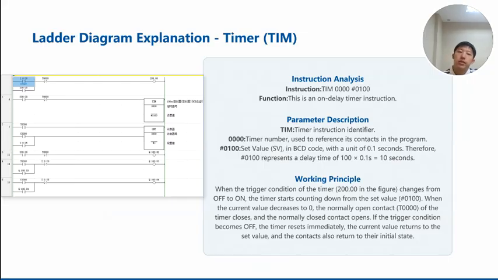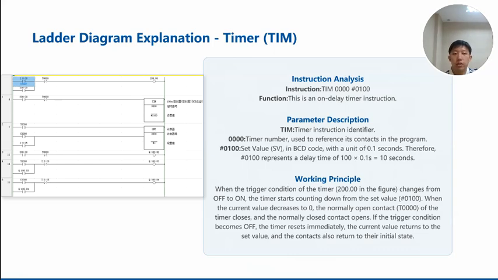Now let's look at the first part of the ladder diagram. The timer logic. The timer instruction is used here, numbered T0000 with a set value of #0100. This set value represents a delay of 10 seconds.